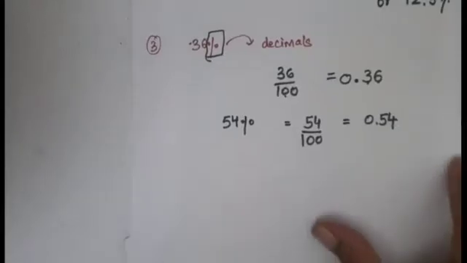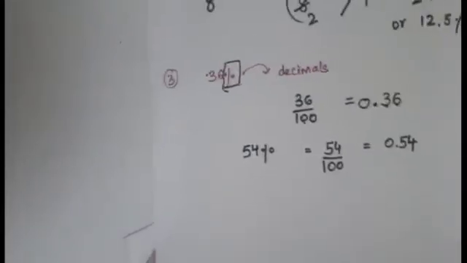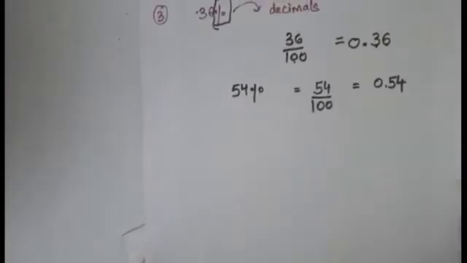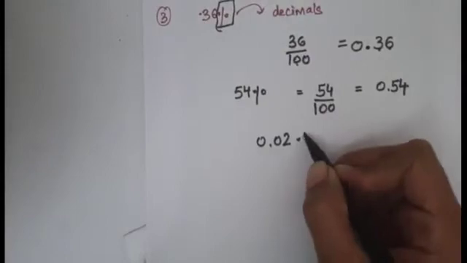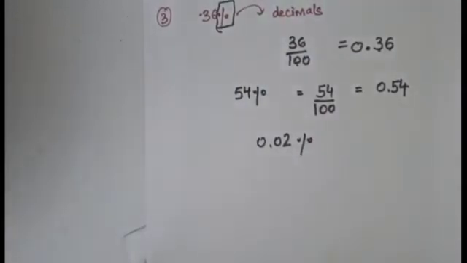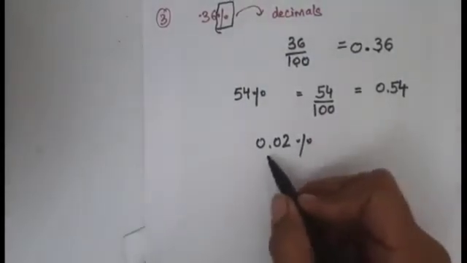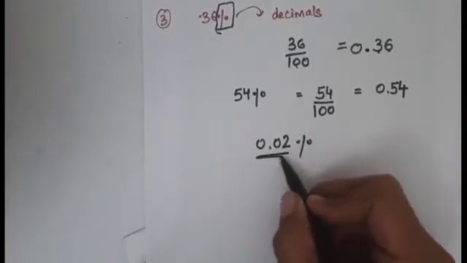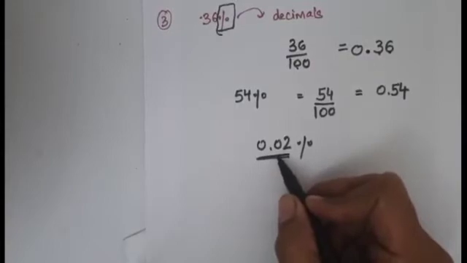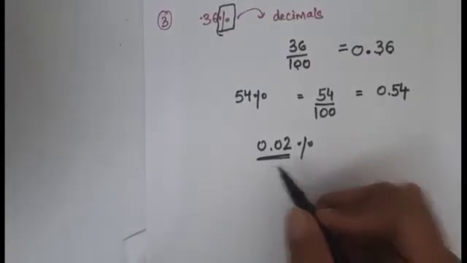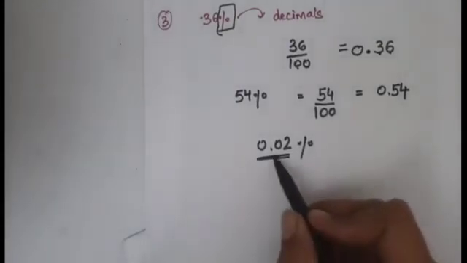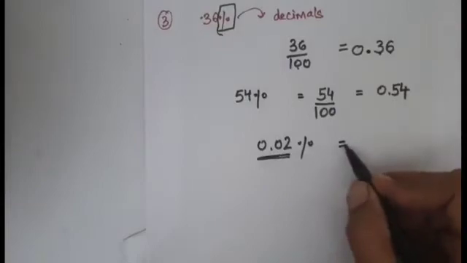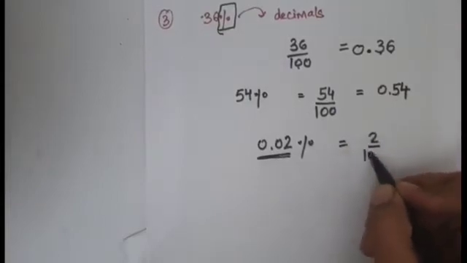Suppose we have to convert 0.02% into decimal form. First of all, if you see, this is already in the decimal. Fine. So what we will do, we will remove its decimal first. 2 by 100.